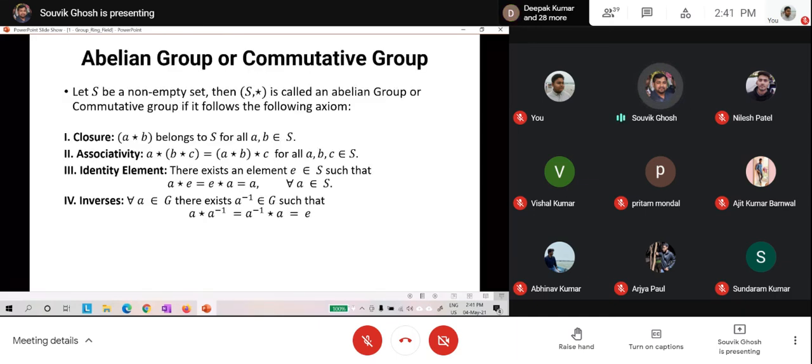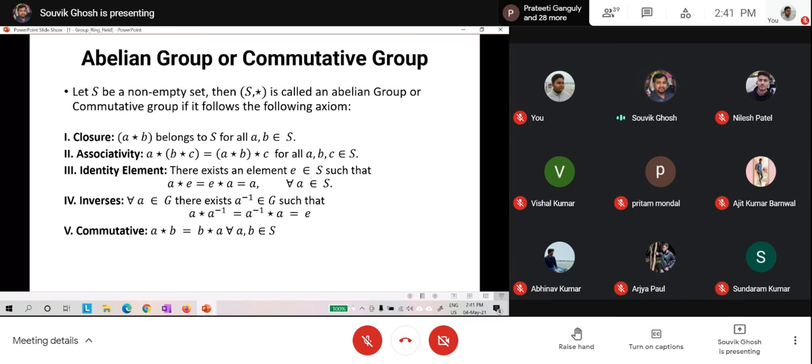Next is the abelian group. So what is an abelian group? An abelian group is a group, that means it should satisfy all four properties: it should be a groupoid at first, then a semi-group, then a monoid, then a group. Then there is one extra property, the commutative law of the operation.